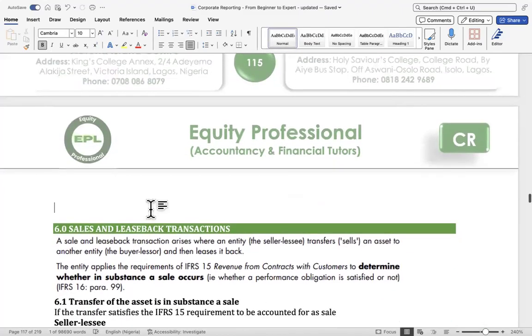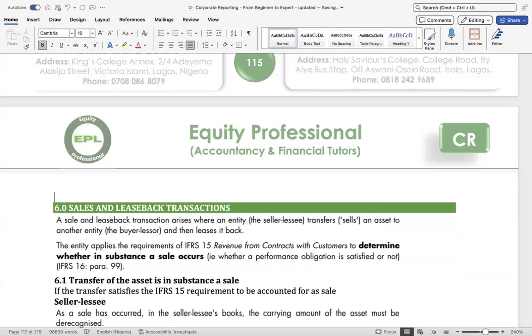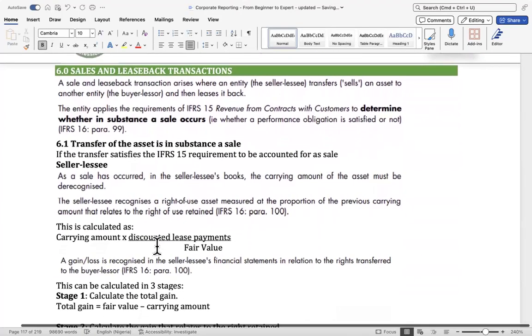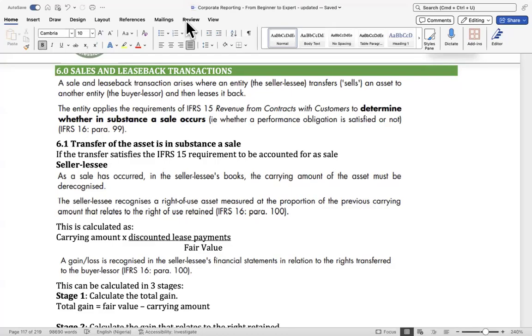Okay. Finally for tonight is sales and leaseback. I've taught you a purchase agreement. This is similar to that, but quite different, and a bit easier.